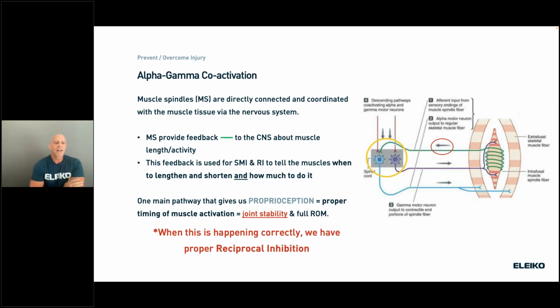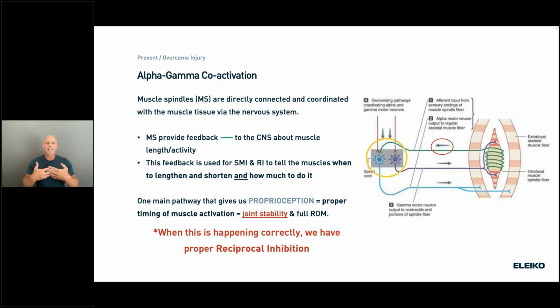So the keynote here is that when we have this happening, we have proper and functional reciprocal inhibition. So the alpha gamma coactivation means when the spindle is moving, it's telling the muscle what it should be doing. When the muscle moves, the spindle moves. When the spindle moves, the muscle moves. The muscle can only do what the spindle will allow it to do, especially in a shortening capacity.